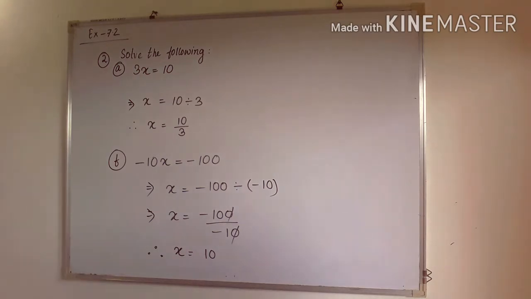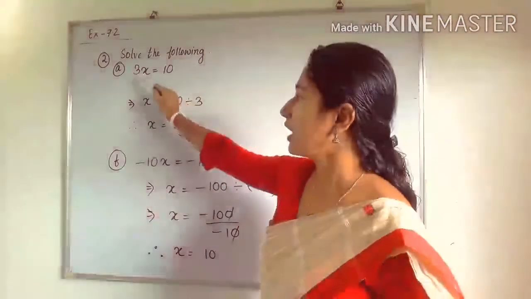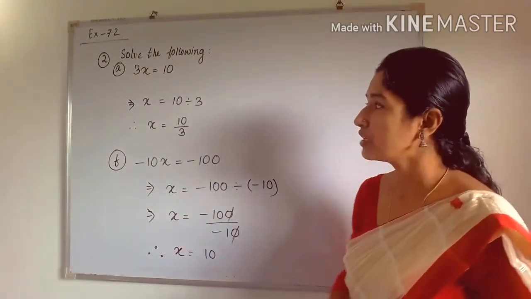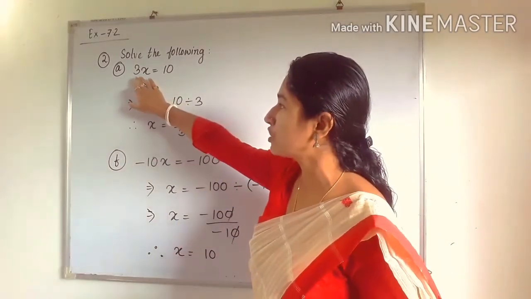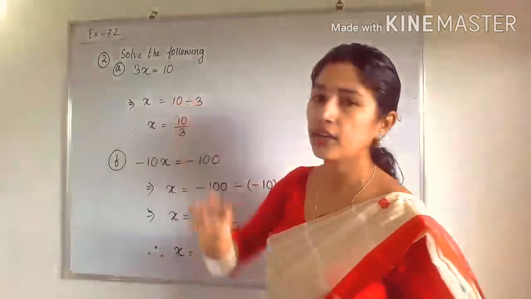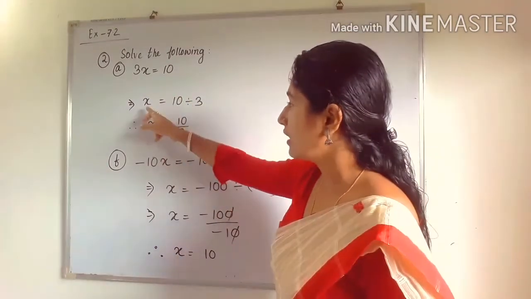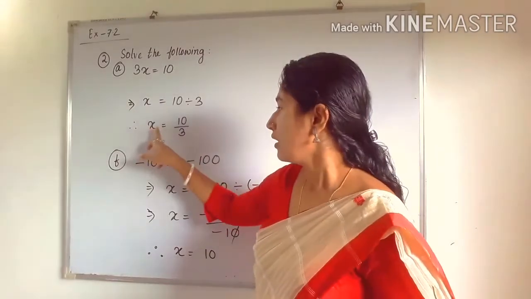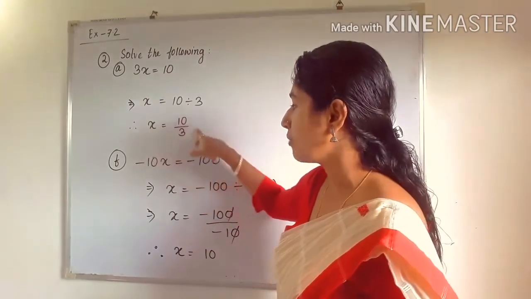So already I told you that if we have to find the value of x, then we have to keep x alone at one side. Okay, so see, 3 is multiplied with x, so we have to transfer 3 to another side. Therefore if we shift 3 to that side, it will get divided. Okay, so we can write x is equal to 10 divided by 3, or you can say the solution is, the value of x is 10 by 3.